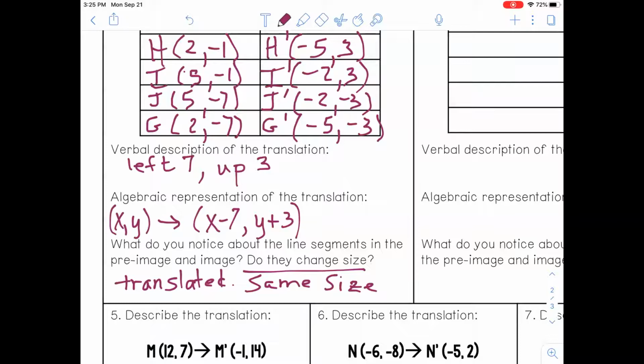So the figure was translated from quadrant 1 to quadrant 3. Well, remember when you're looking at the coordinate plane, this is quadrant 1, and then we go around counterclockwise. Sorry, I'm trying to do it the wrong way. 1, 2, 3, 4.